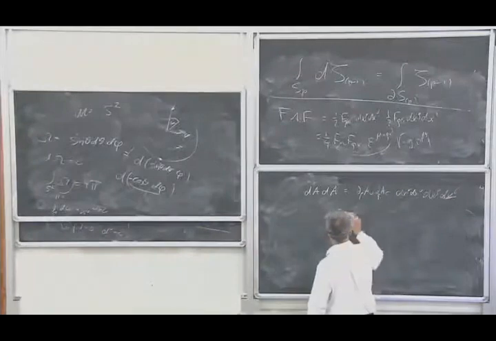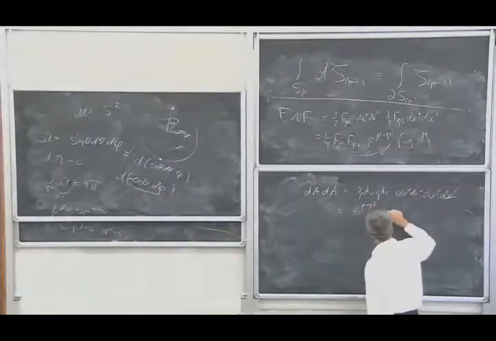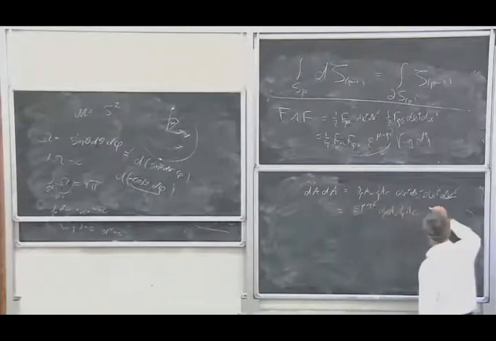So this then is again, this gives me the epsilon, so it's epsilon mu nu rho sigma d mu A nu d rho A sigma square root of g d4x.